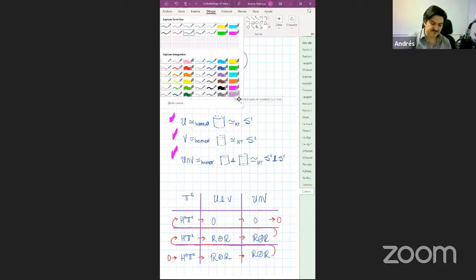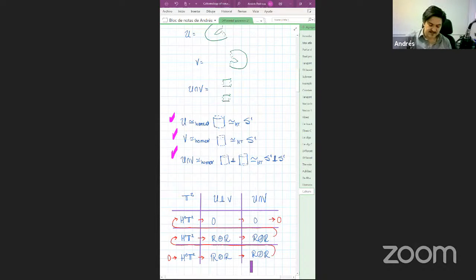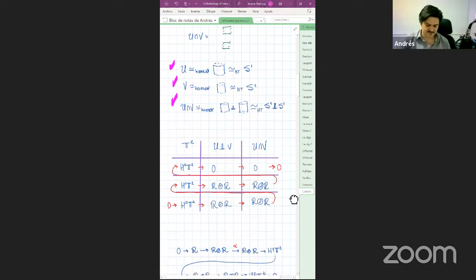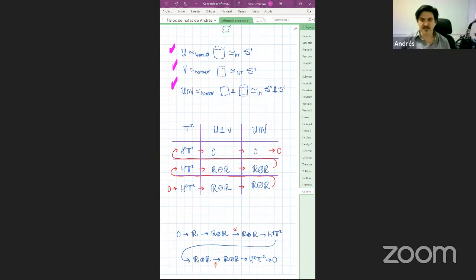And again, the problem here is that we don't have an R, so we will need to consider the whole exact sequence that starts from here. We cannot simplify this and start here, because U intersection V is not connected. Good, so we will put all of this information here. That's what we have.